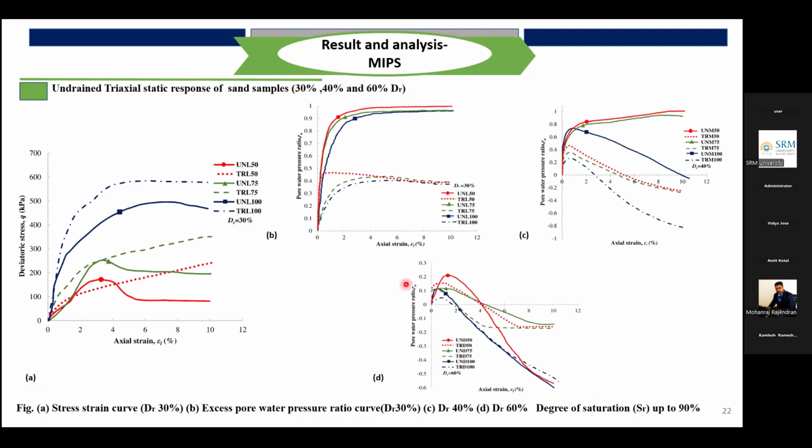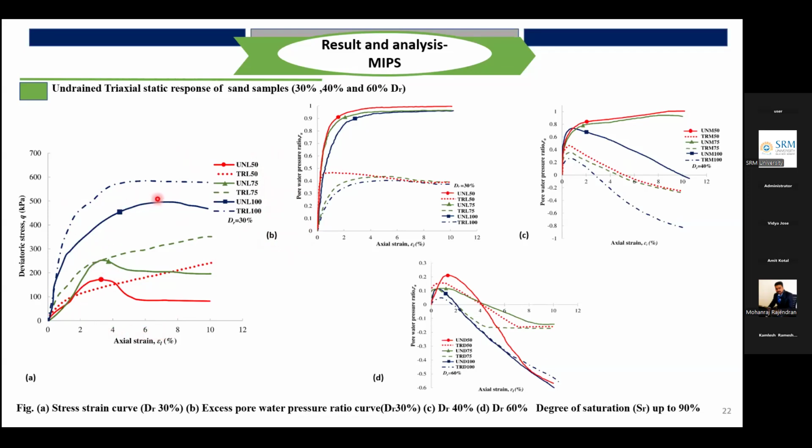By doing this experimental study, we have understood how this mechanism is taking place. What you are seeing here is untreated and treated. UNL is untreated, TRL is treated, and 50, 75, 100 pertain to initial confining stress: 50 kPa, 75 kPa, 100 kPa selected for three trials. Here the soil is 30% relative density soil.